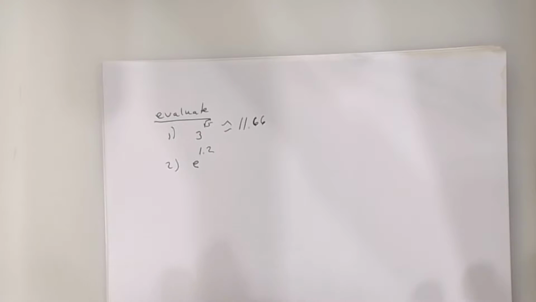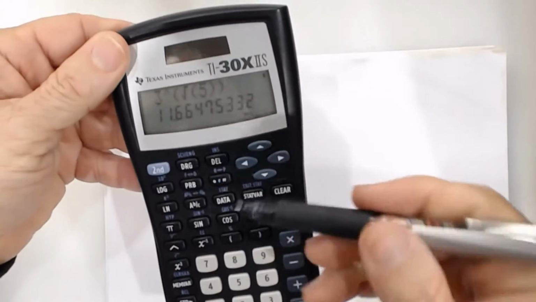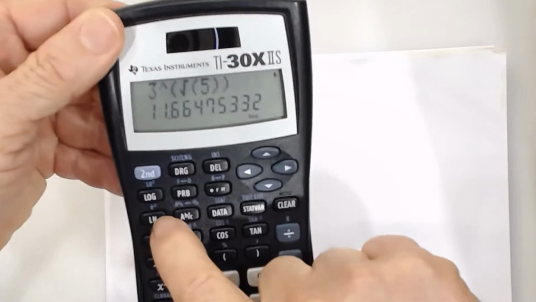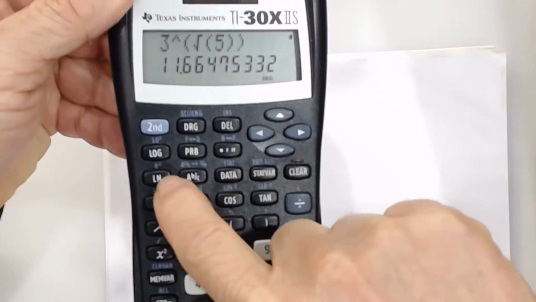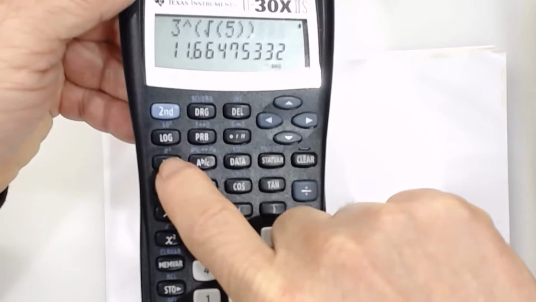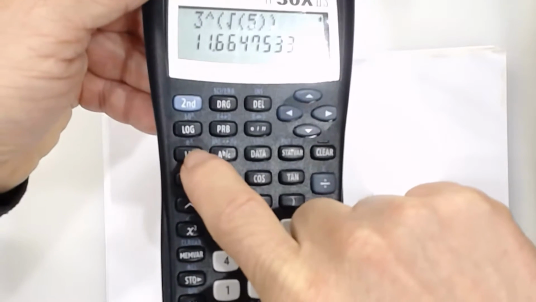You don't know what e is. We're going to look at that in a little while. But for right now, locate the number e on your calculator. It's a number, not a variable. It's right between the ln and the log.